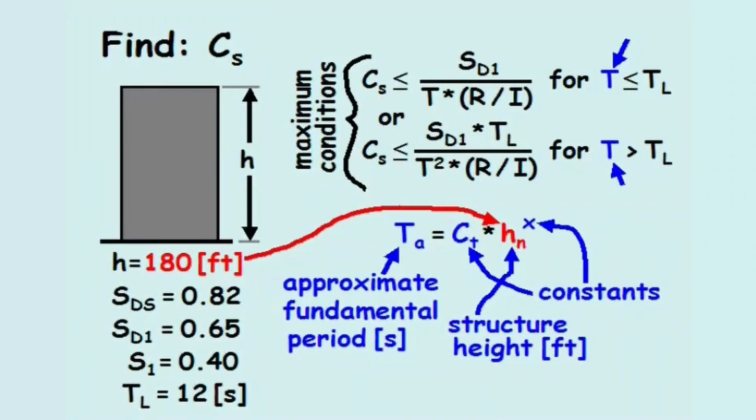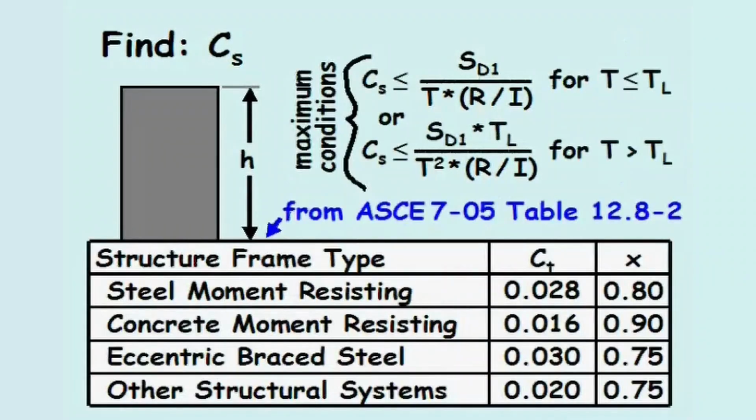Table 12.8-2 in ASCE 7 shows the constant values of Ct and x for different structure types. The problem states the building is supported by a concentrically braced steel frame, which means Ct and x equal 0.020 and 0.75 respectively.